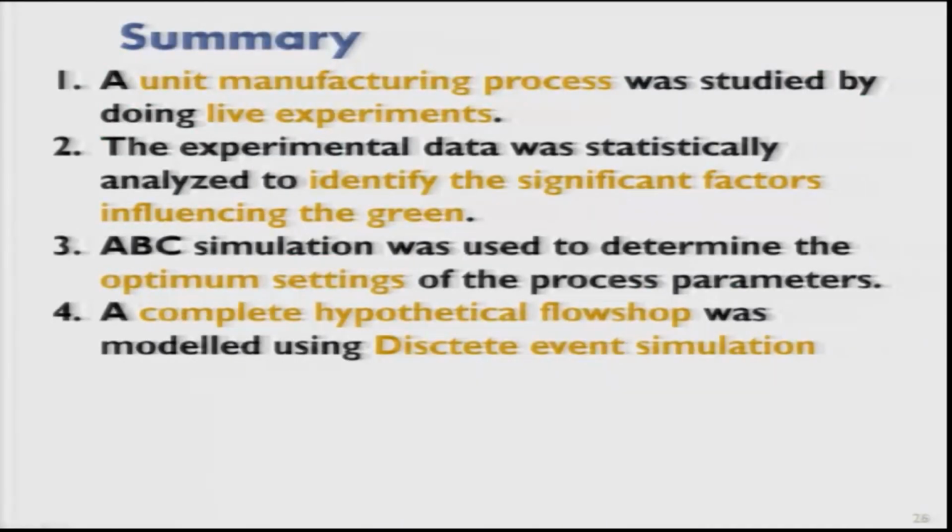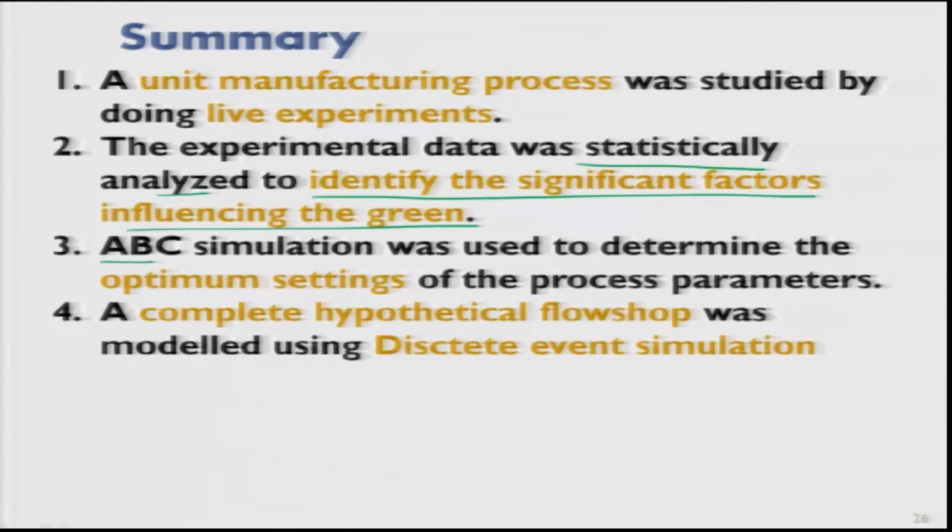So, I would like to conclude here. A unit manufacturing process was studied by doing live experiments. The experimental data was statistically analyzed to identify the significant factors influencing the greenness here.